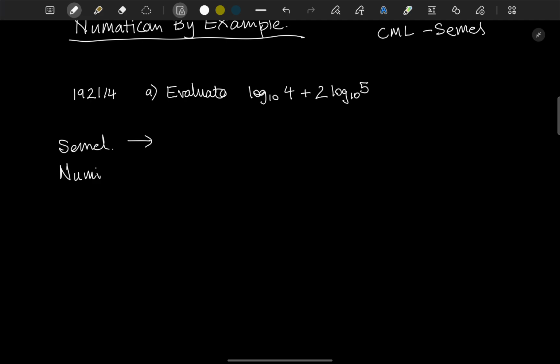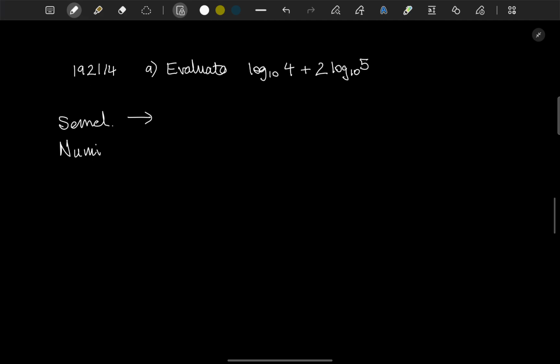So in SEML, if we have a relationship A equals B to the power of C, then we can say that B equals the cth root of A, and also log base B of A equals C.